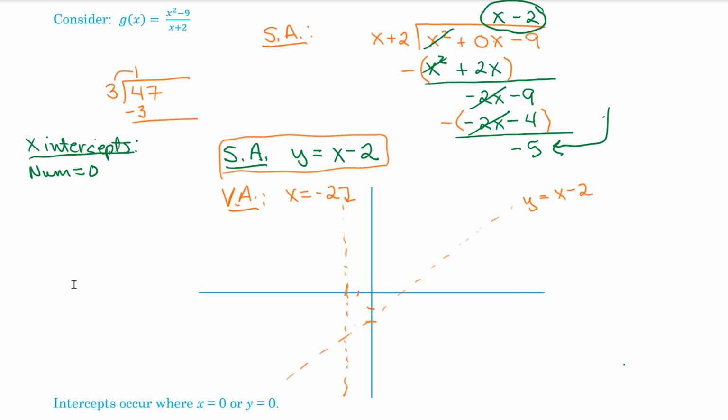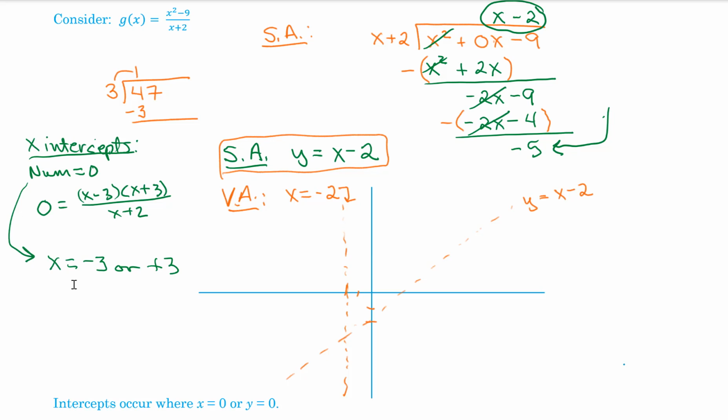Well, for my function to be 0, my x minus 3 times my x plus 3, I'm just factoring, over this x plus 2 has to be 0. A fraction can only equal 0 if the numerator is 0. Well, the numerator equals 0 only occurs where x is equal to negative 3 or positive 3.